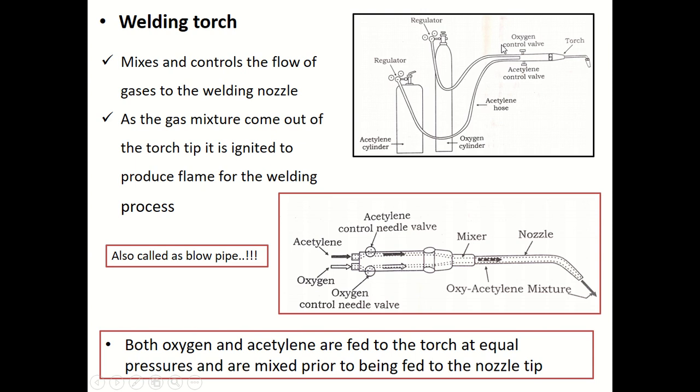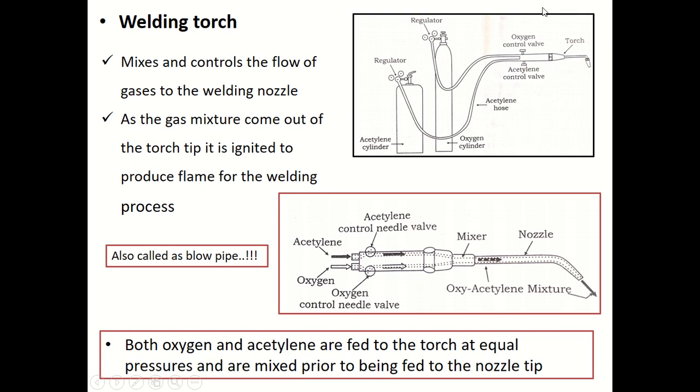So the welding torch mixes these two gases, and it also controls the flow of gases to the welding nozzle. As the gas mixture comes out of the torch tip, it is ignited to produce a flame for the welding process.